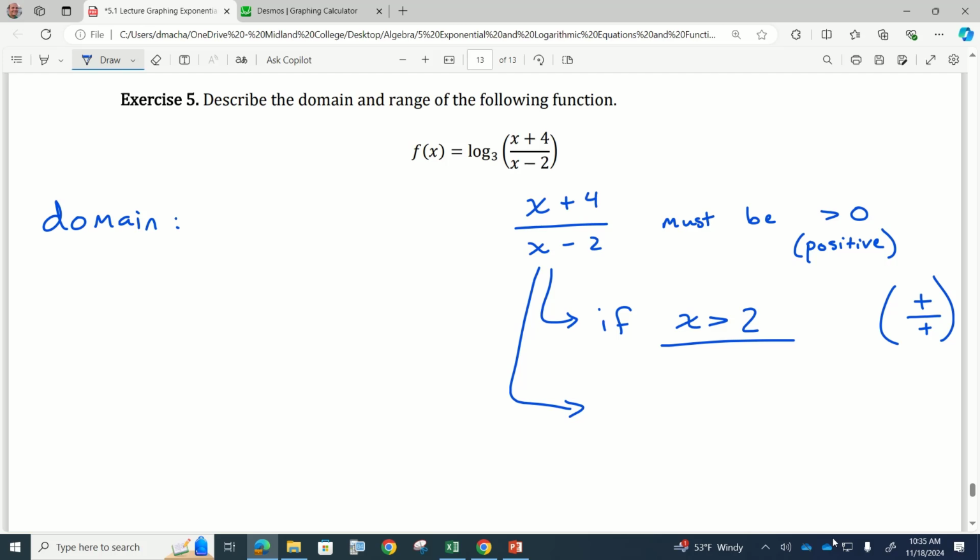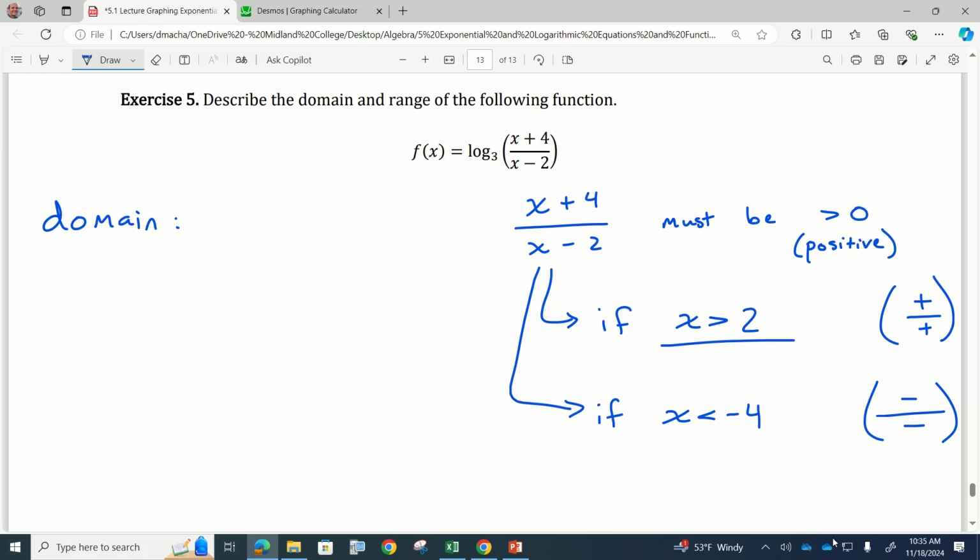Another way I can make this happen is if I have a negative number divided by a negative number. I can make that situation happen if x is less than negative 4.